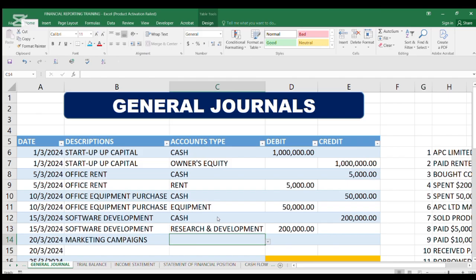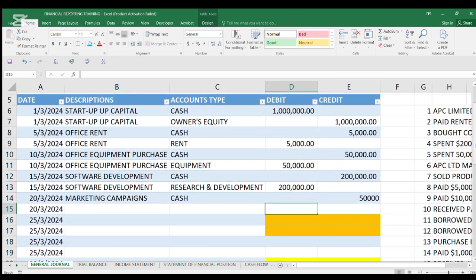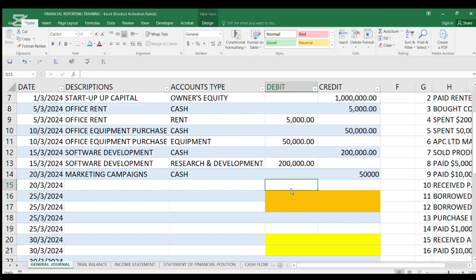We credit the cash account with 50,000, and we'll repeat the same description and debit advert and promotion.